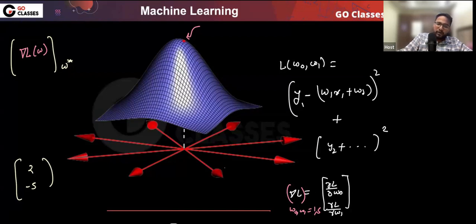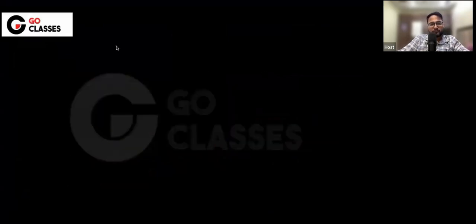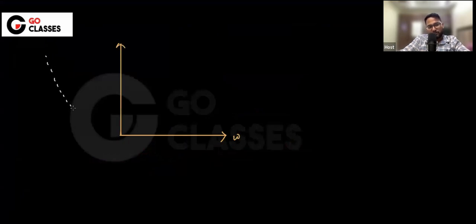Now suppose my loss function is just like this, a very simple loss function, or maybe any other function which is just in 2D. So how many parameters do I have here?